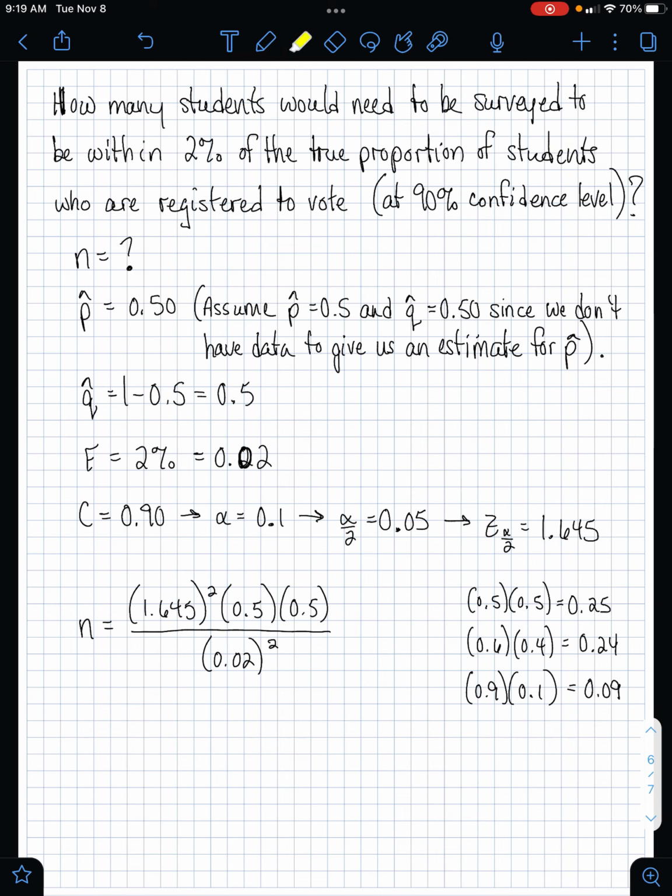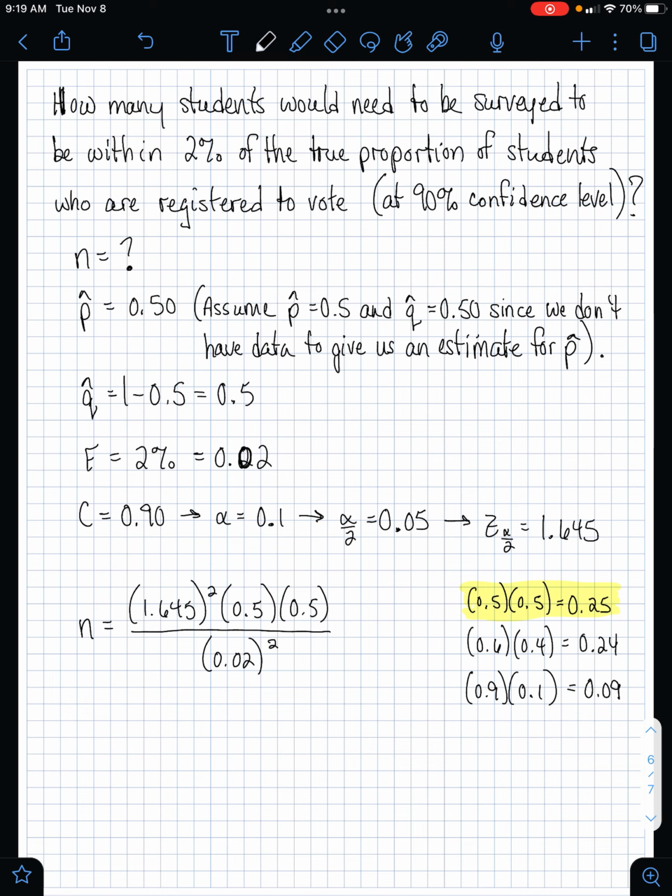So I assume p hat and q hat to give me the biggest possible product here, so that I get the biggest available sample size, because the bigger my sample size, the more confident I can be in my margin of error. If that sounds particularly complicated, well, it is a little bit, but the idea is we'd rather go with a bigger sample size than a smaller sample size.